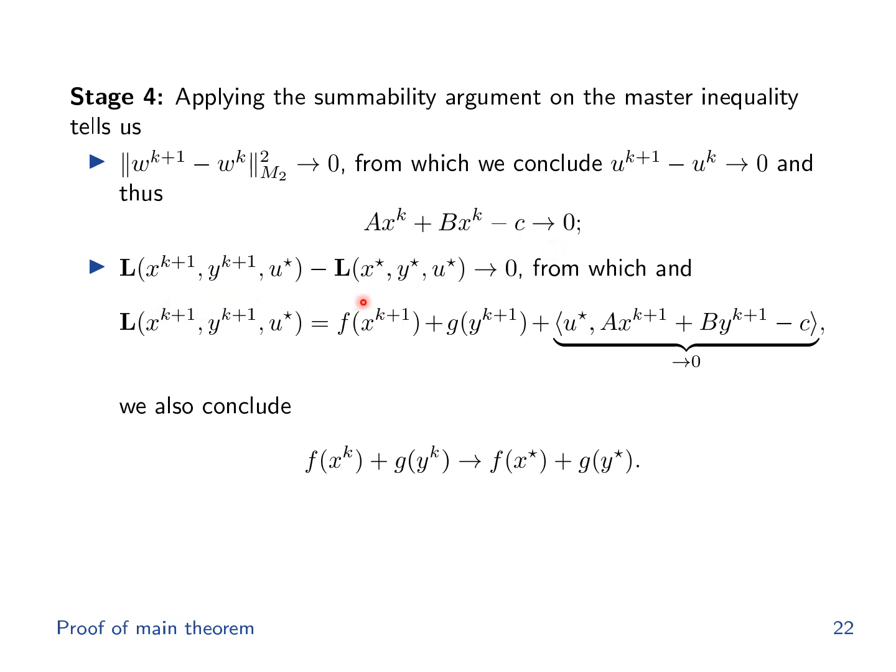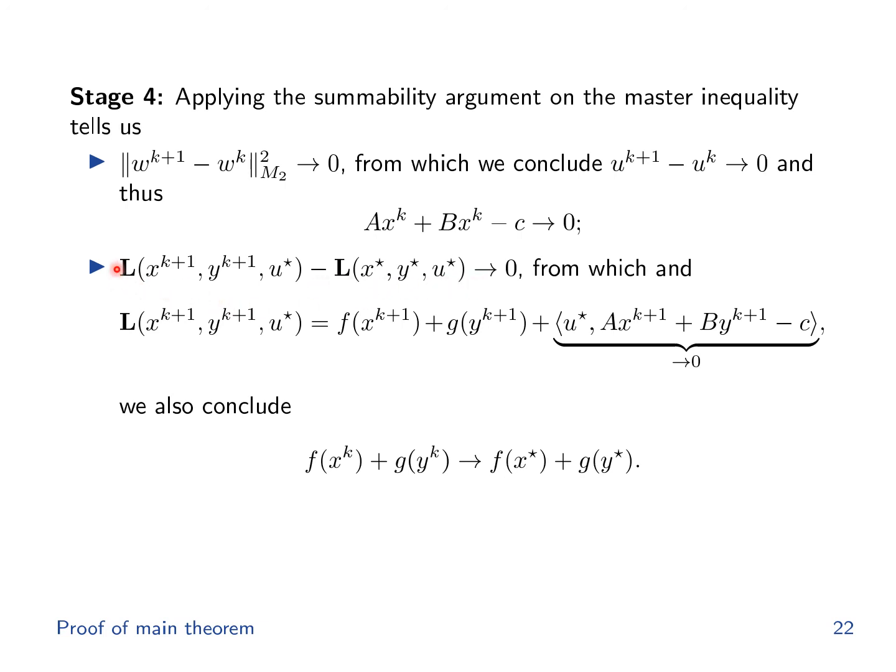Looking at the second conclusion, we expand the first Lagrangian term to f and g evaluated at their respective points plus this inner product. And this one is equal to f of x star plus g of y star plus 0, because in the inner product term, the constraint violation is actually 0 because everything's optimal.